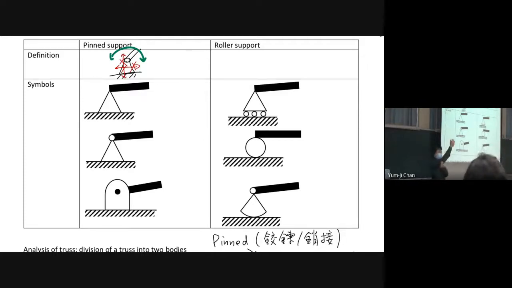If I fix my elbow here, it means we can rotate here, but we cannot go up and down, or left and right.